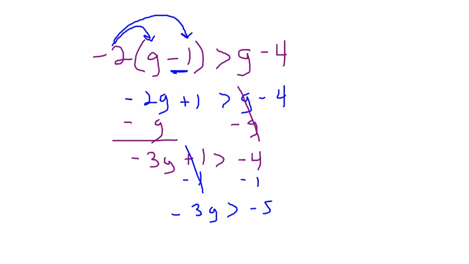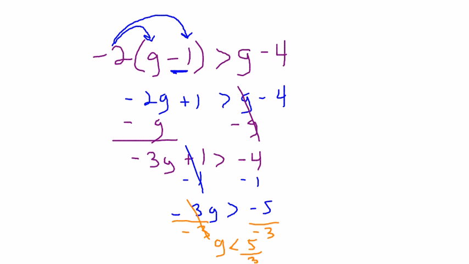And lastly, I will divide by negative 3 on each side. I am left with g is, now because I divided by a negative number, I divided by negative 3, my inequality symbol will flip from greater than to less than. G is less than 5/3.